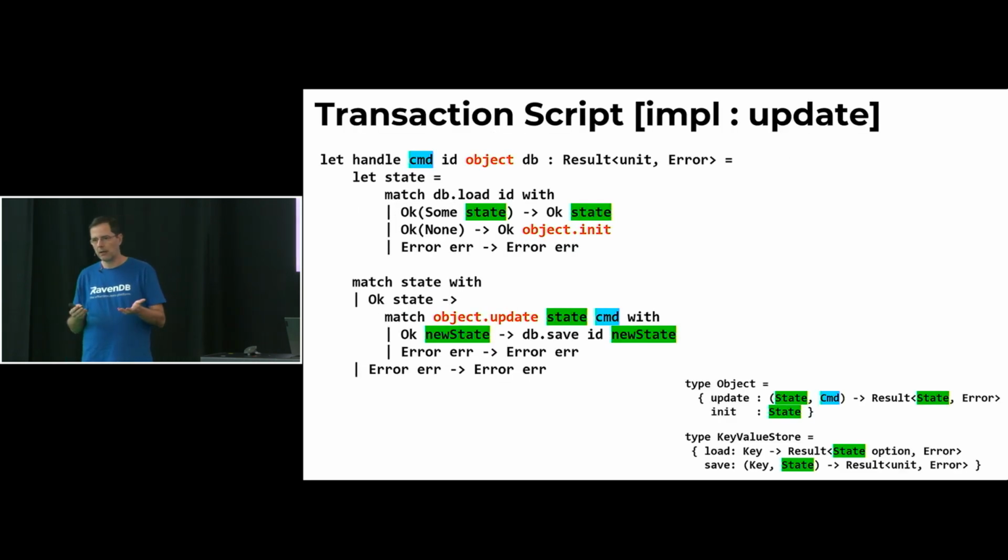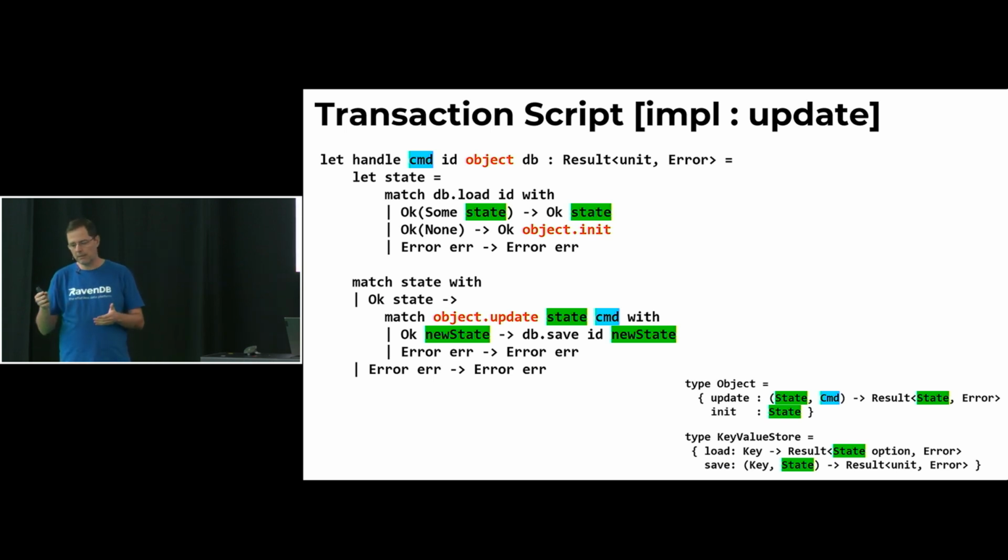But it turns out that now I can start expressing these patterns through my first principles. So at the bottom of the screen, you can see the abstract specification for the key value store with load and save operations. So this is load by ID and save, returning ID. And my handle function is handling the command.